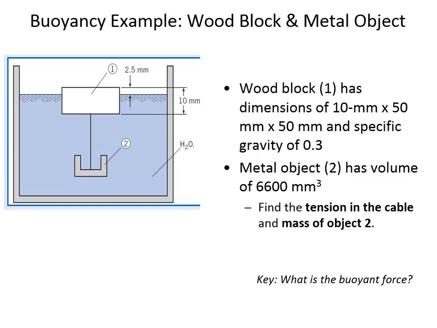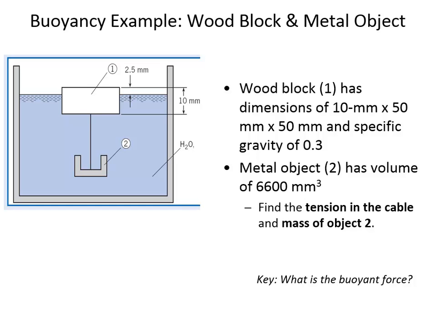Okay, the weight of the block. Weight is the specific gravity that's defined. Sg is 0.3 multiplied by the unit weight of water times the volume of the block. So the specific gravity is 0.3, and that tells us the unit weight of the block relative to the unit weight of water.